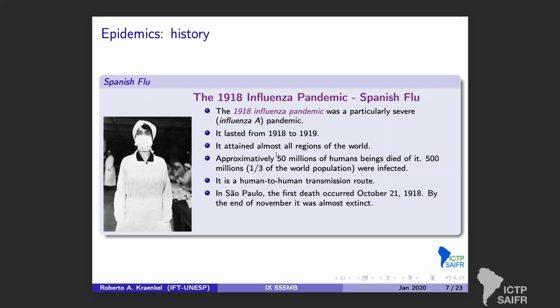So these are things that we should remember when we go to the models, because with the first models, which are kind of simple models, we want to understand why this kind of thing happens.